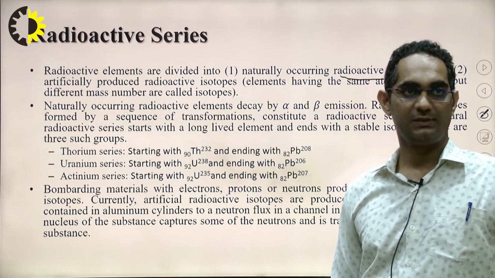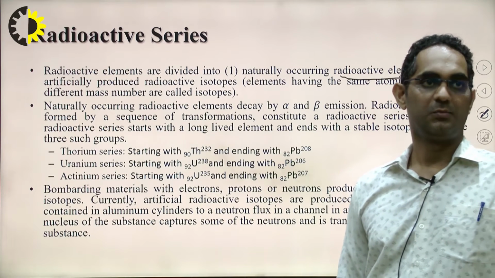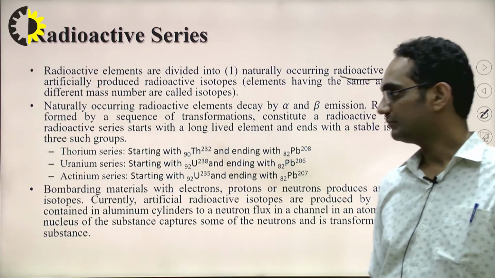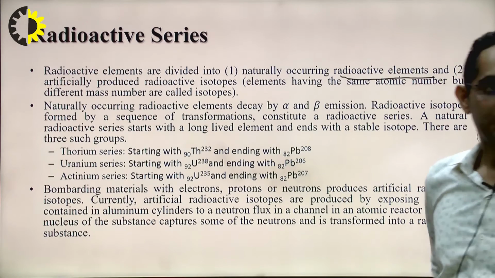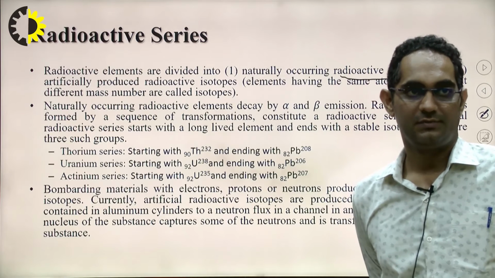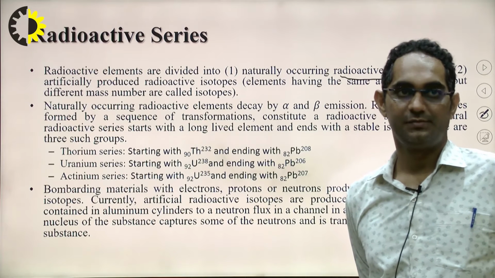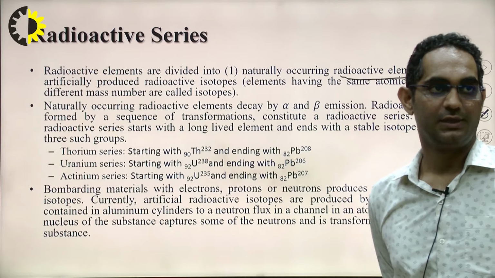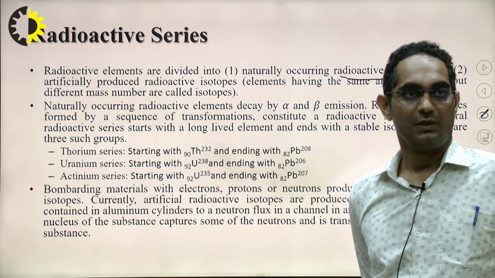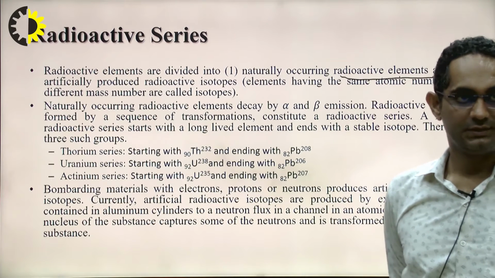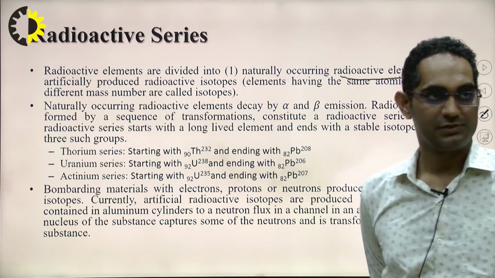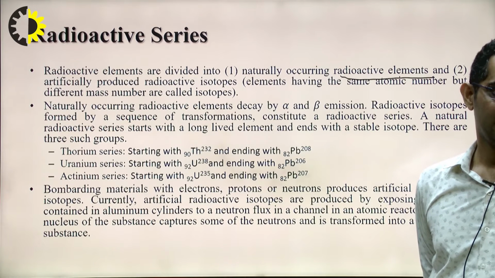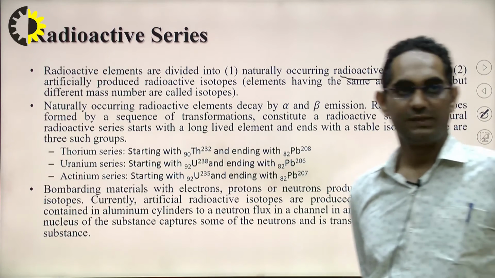Elements having the same order number but a different mass number are called isotopes. Naturally occurring radioactive elements decay by alpha and beta emission. Radioactive isotopes formed by a sequence of transformations constitute a radioactive series. A natural radioactive series starts with a long-lived element and ends with a stable isotope.